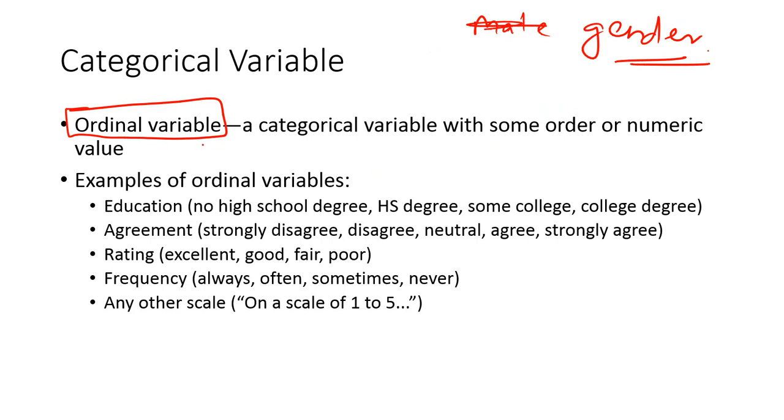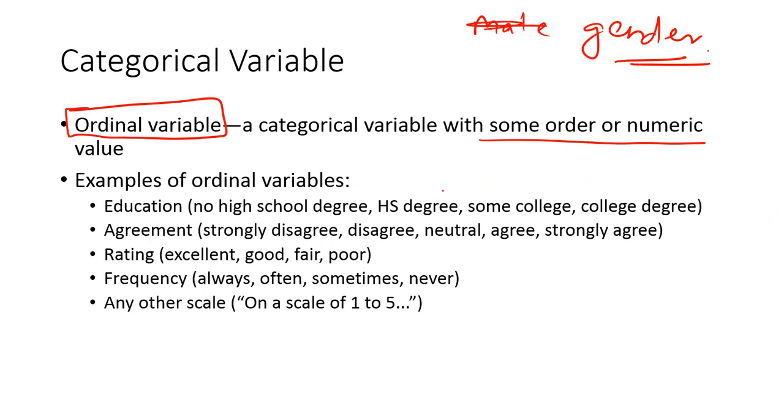Now, among these categorical variables, we can also get ordinal variable, nominal variable, and dichotomous. What is an ordinal variable? An ordinal variable is a category in which the different types of the category can be ordered. Let's take an example to understand. For instance, somebody's education. The order could be low education, slightly more, then more education, and the most education.